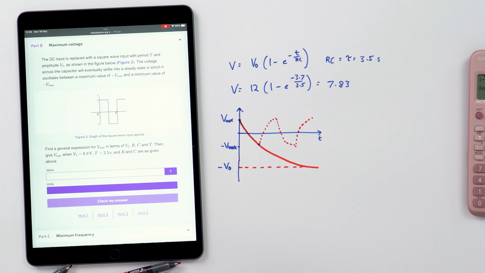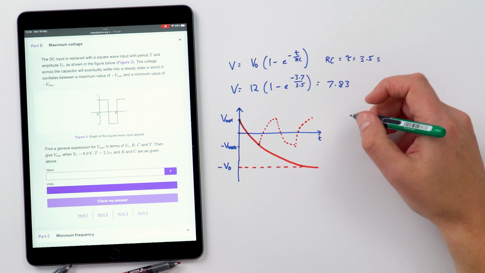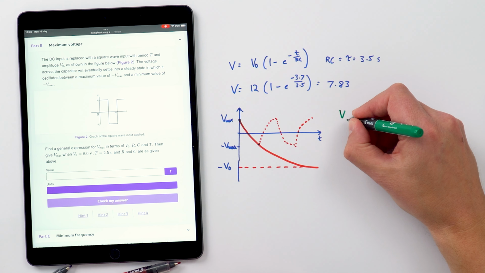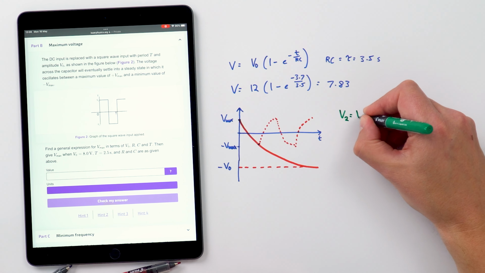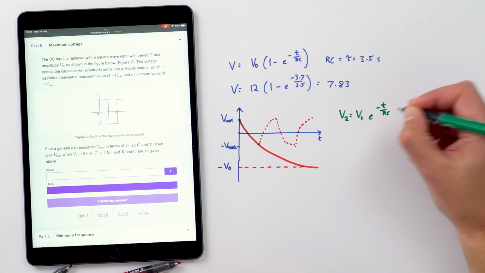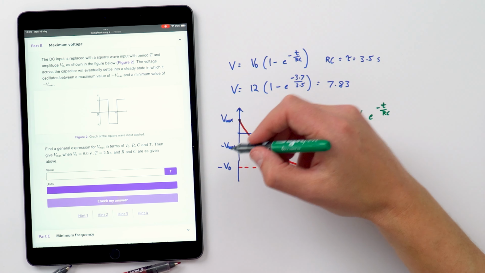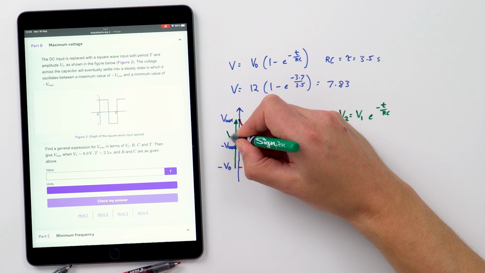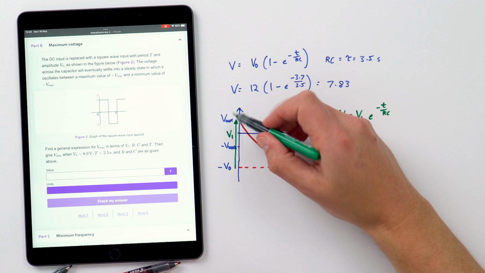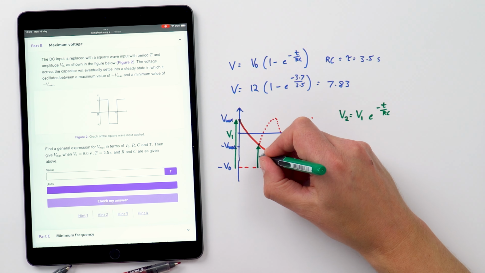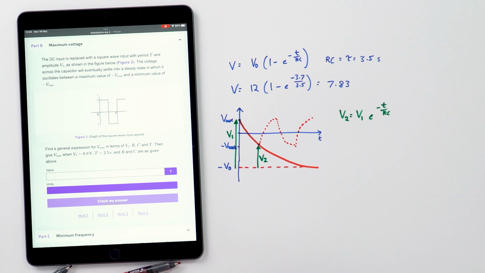We also know that there's this normal equation for a capacitor, which we've got up here, but for a discharge we can say that V2 is equal to V1 e to the minus t over RC. And here V1 is going to be this value up here, the initial value of that potential difference, and it's going to discharge until it gets to this value here, which I'm going to call V2.